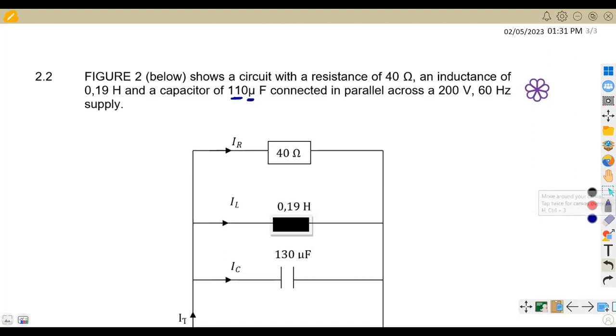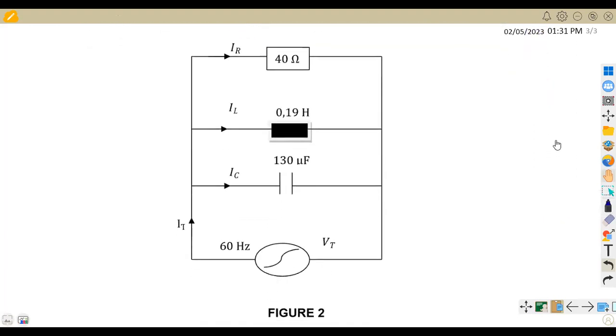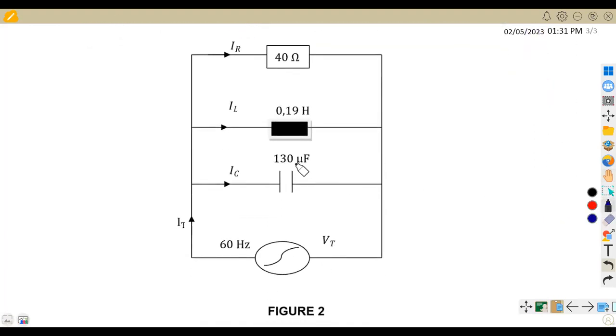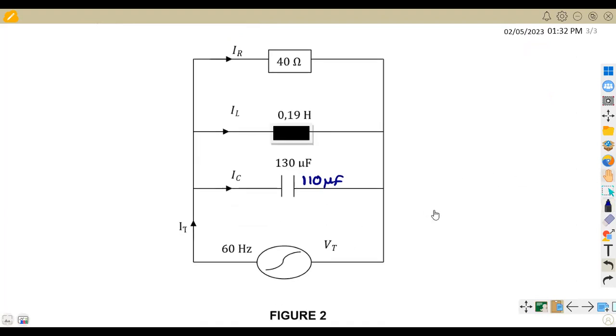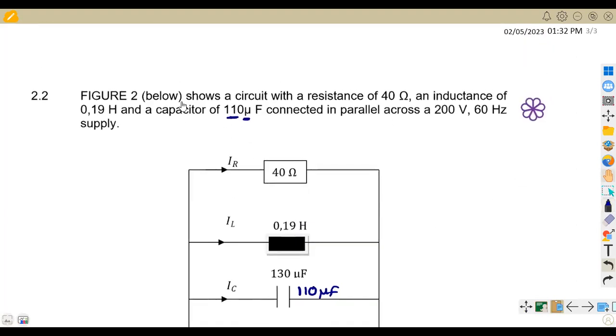But on the diagram, you are given a capacitance of 130 microfarad, which is wrong. So here we are going to use 110 microfarad as given in the information. If you used the information on the diagram, they are going to mark that wrong. So read this information, guys.